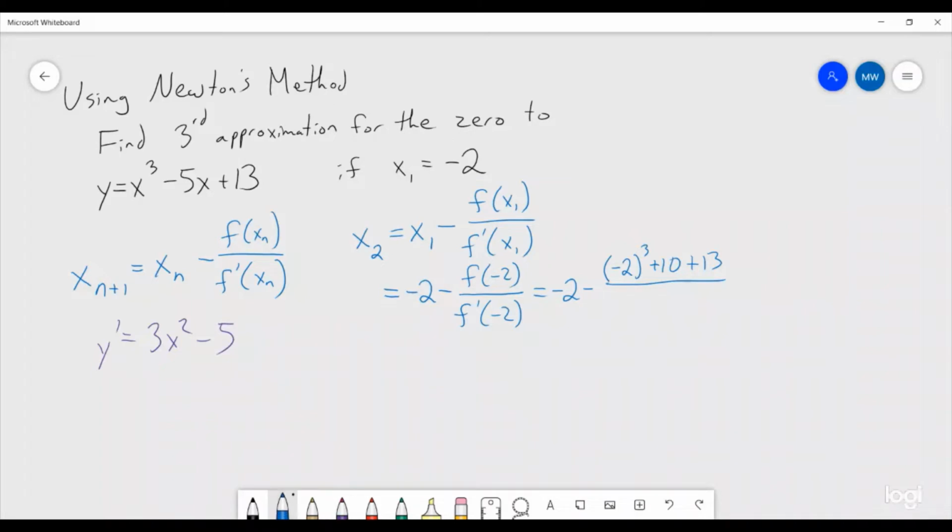So we are dividing by 3 times 4 minus 5, and we find out that once we evaluate that, that becomes -29/7. So we have x2.